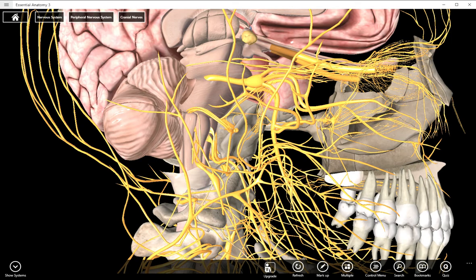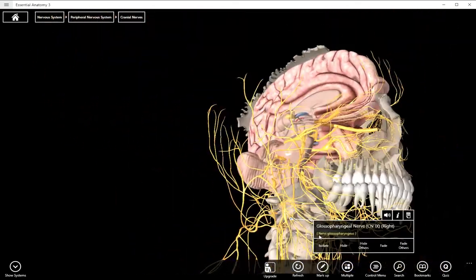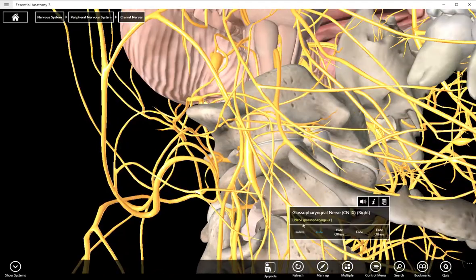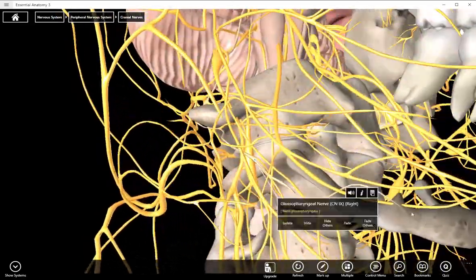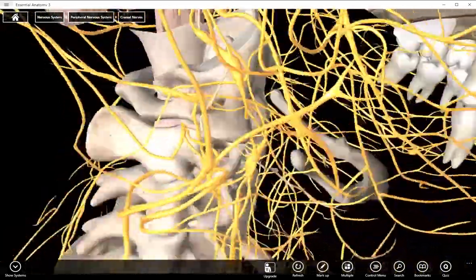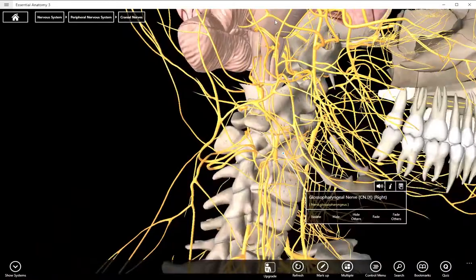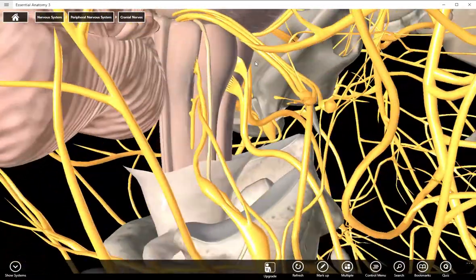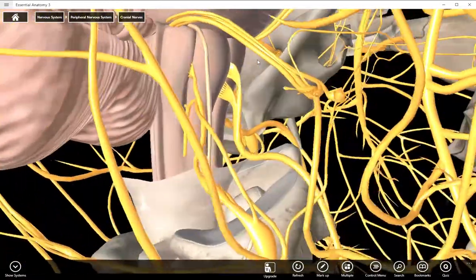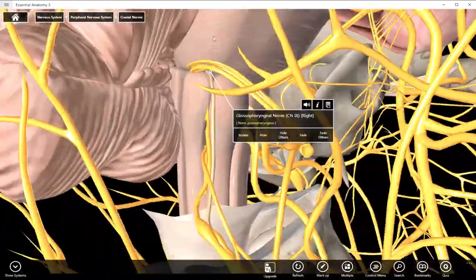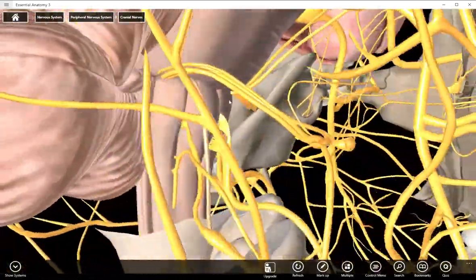So being that it's a pharyngeal nerve, that makes sense because it's going down into this area of your pharynx down here. Oops, did I just hide it? Yes, I did. So it goes all the way out to here, to your hyoid bone. Very, very cool that we can see that. I've never seen it in that way before using real brains. So anyway, glossopharyngeal, so that is cranial nerve 9.